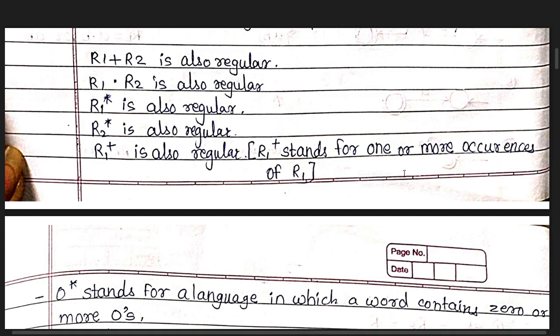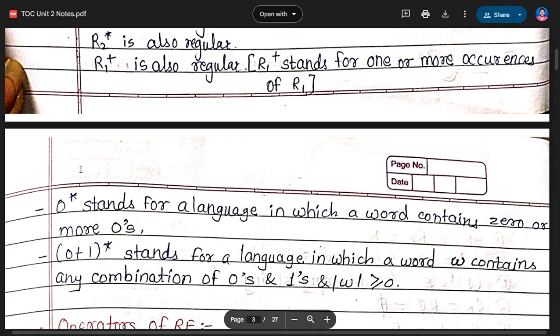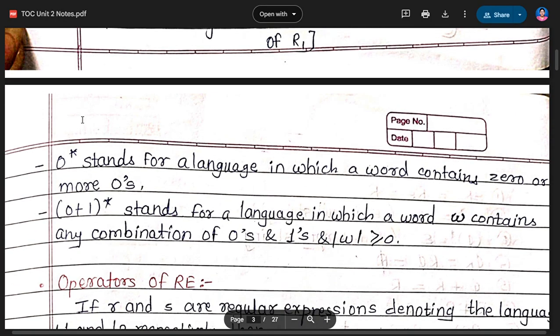But 0 star stands for a language in which a word contains zero or more zeros.